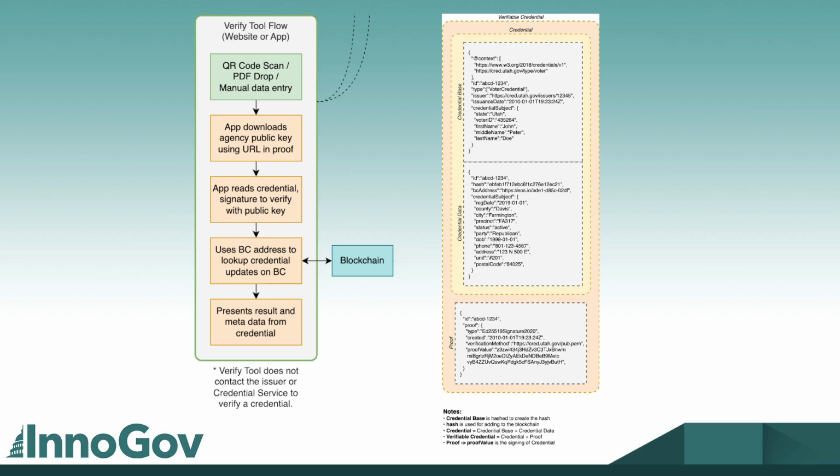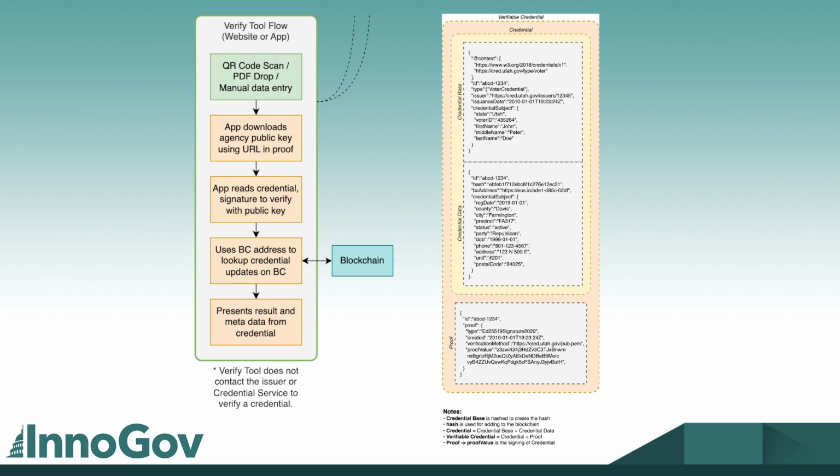And so one of the steps of the process here is after the tool has pulled all the relevant metadata pieces out, it's going to go get that public key that comes from the agency and then use that to verify that signature that's in the proof. And then it knows, okay, I know that this data here is accurate because only this entity could have provided me with this signature that matches with the data that's up in the credential part of the file.